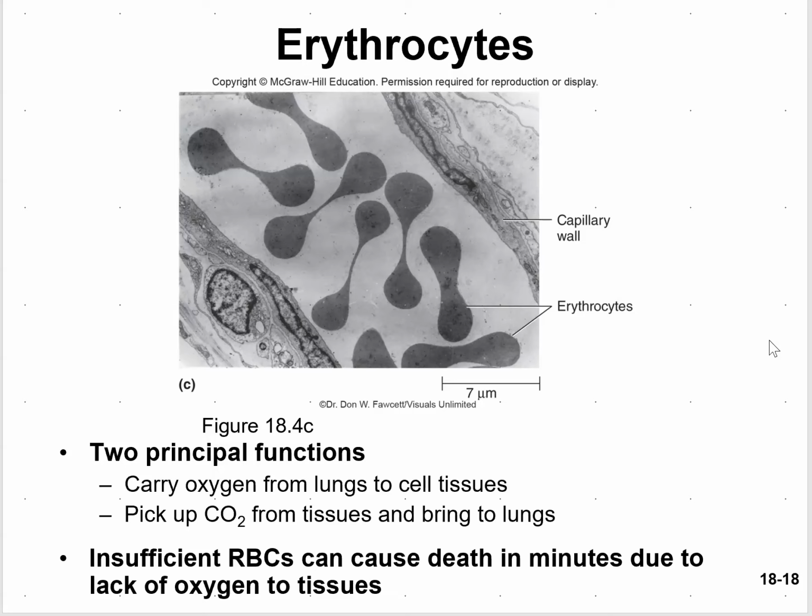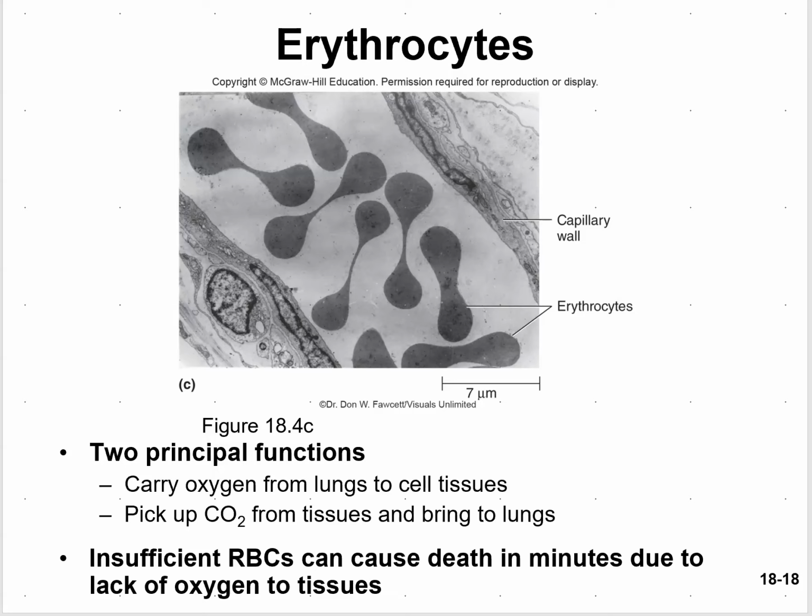Although leukocytes or white blood cells typically leave the blood vessels to perform their defensive function, movement of erythrocytes from the blood vessels is actually abnormal. So these cells don't really leave the blood vessels at all. But white blood cells, on the other hand, are capable of leaving the bloodstream to perform their defensive function.